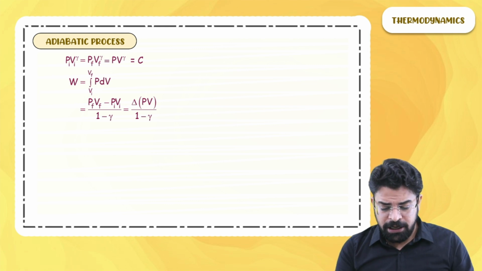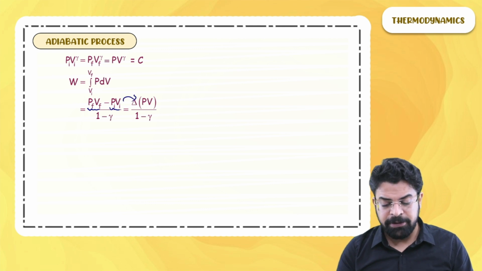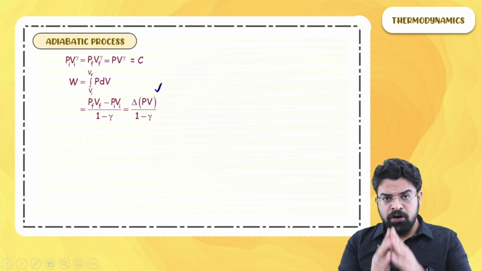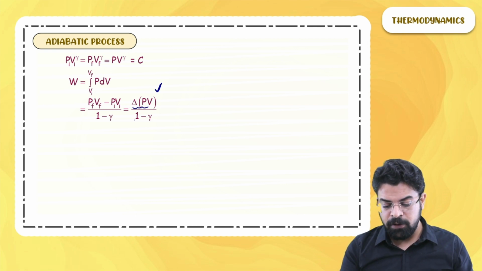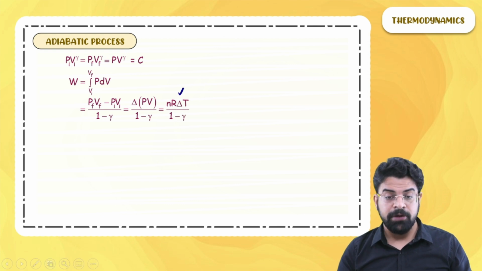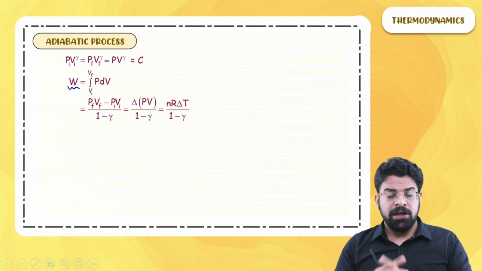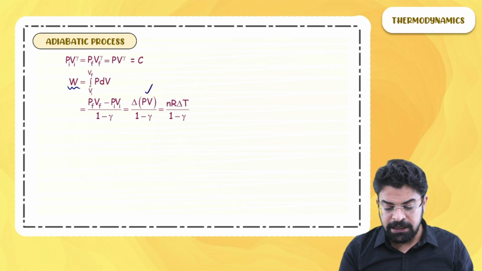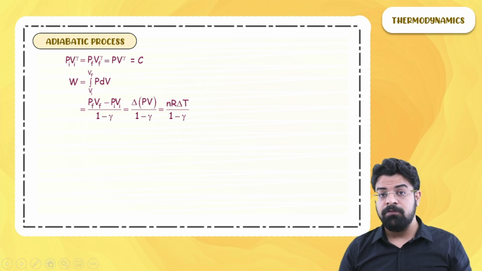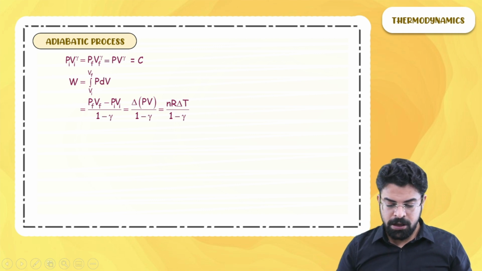So this work done in an adiabatic process can also be written as delta PV upon 1 minus gamma, and delta PV can also be written as nR delta T. So the work done in an adiabatic process should be remembered as delta PV upon 1 minus gamma or nR delta T upon 1 minus gamma. What is gamma? We will talk about it, do not worry.